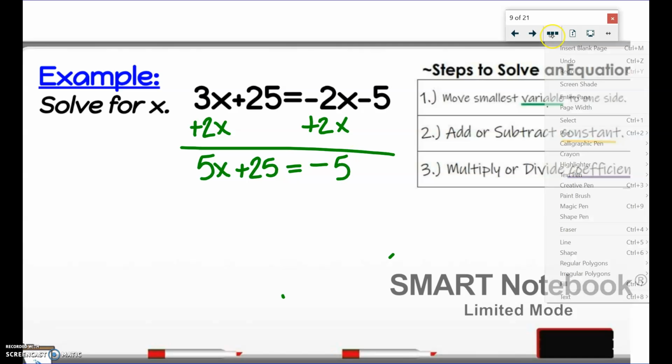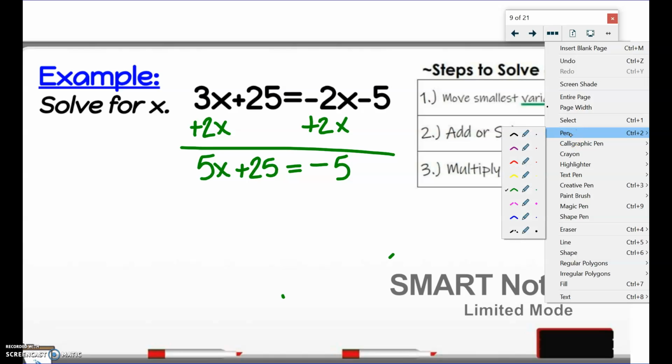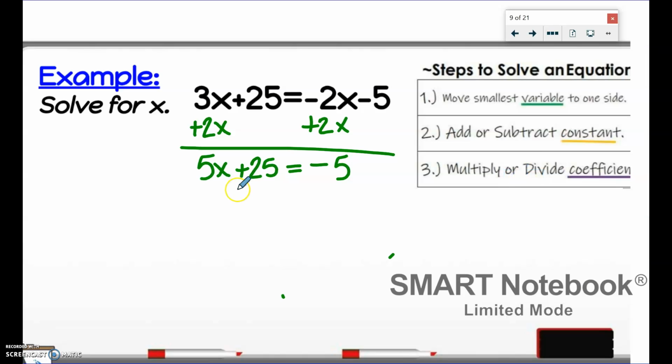Okay. Next, I am going to add or subtract my constant. So I'm going to subtract 25 on both sides. So now I'm left with 5x is equal to -30.